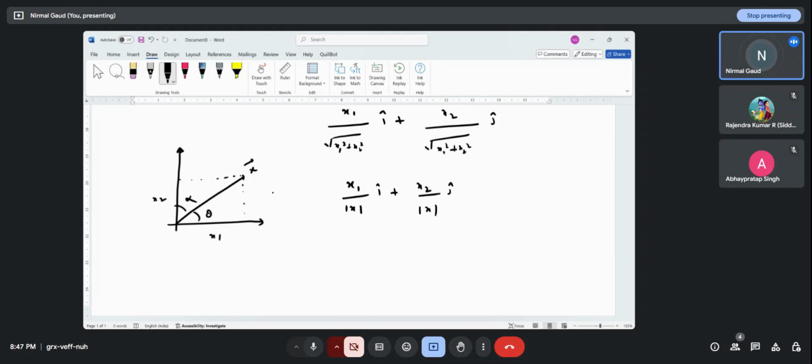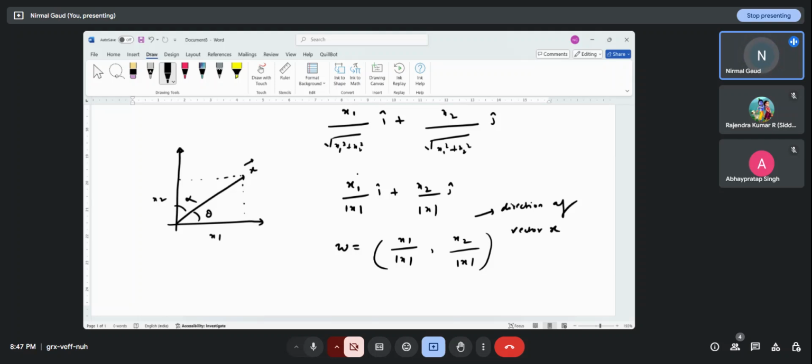Okay, so I can write w is equal to x1 upon magnitude of x, x2 upon magnitude of x. This shows the direction. This shows the direction of vector x.